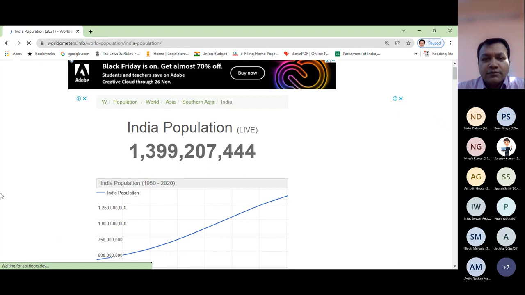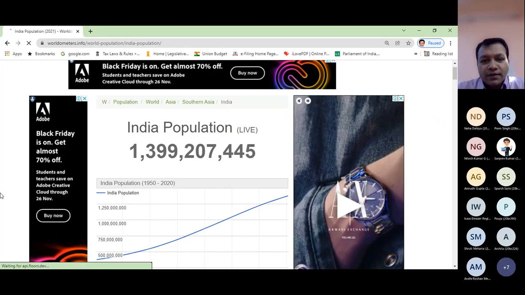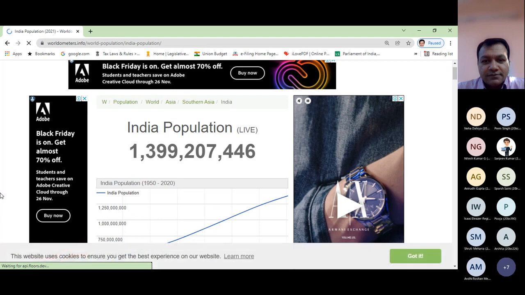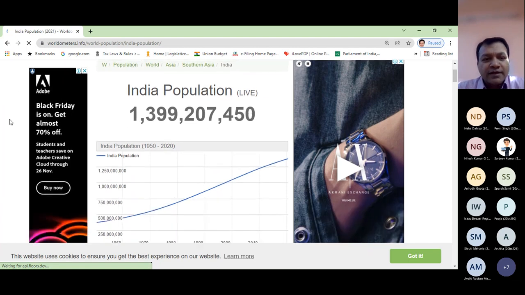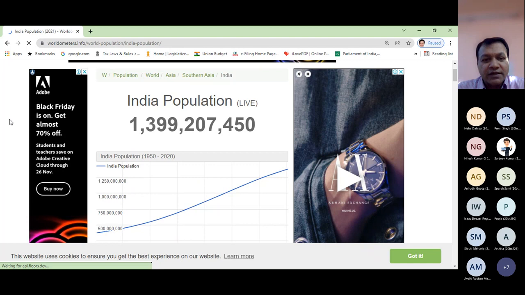3, 4, 5, 6, 7, 8, 9. So it will give you an idea that, yeah, of course, we will overtake China very soon. So this chart clears the picture more.